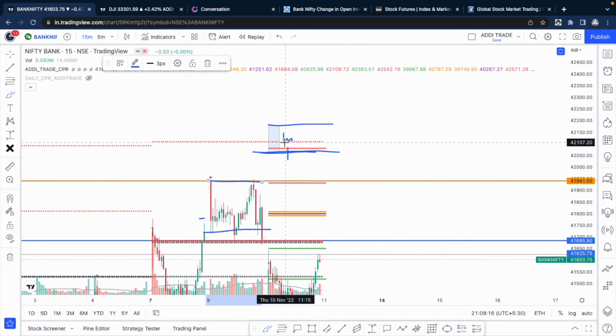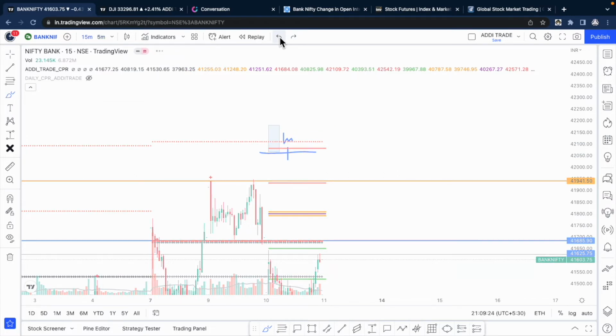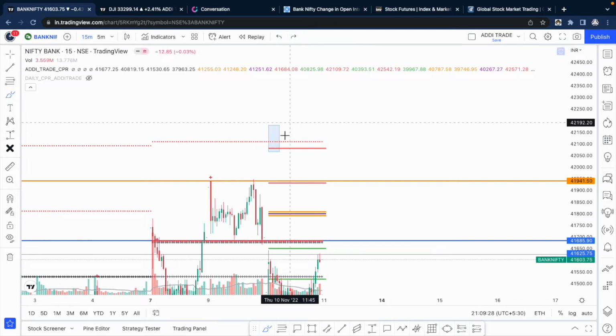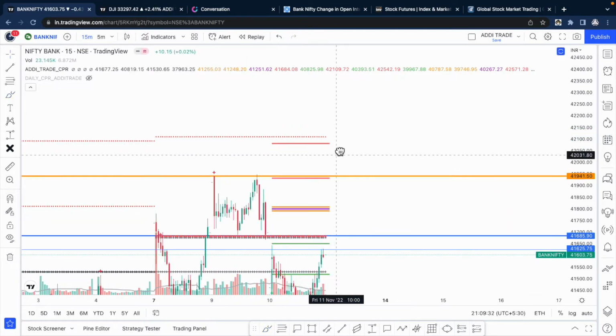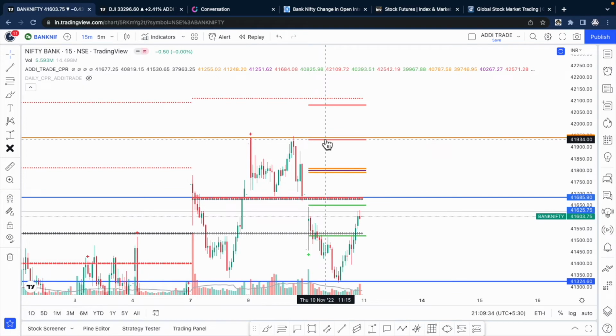So wait and see if that first 15-minute range breaks, especially when we get a gap up. Not every day we'll have to watch that, but it's always good to keep track of it. Whenever there's a gap up, if the first 15-minute range breaks, then I might look to take a shot with the first target at 41,934.